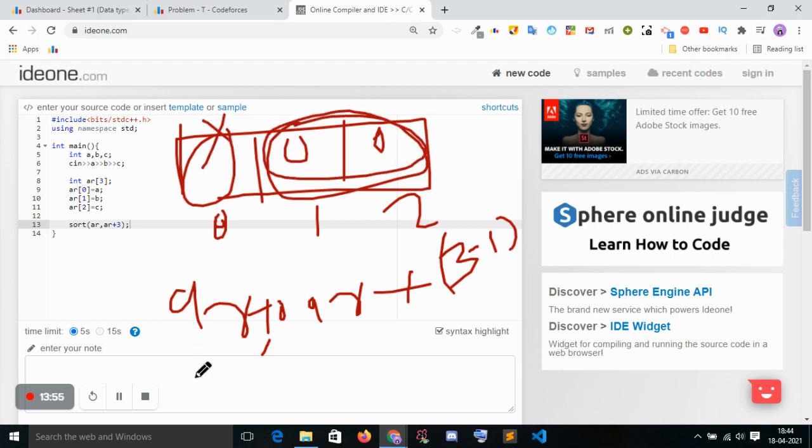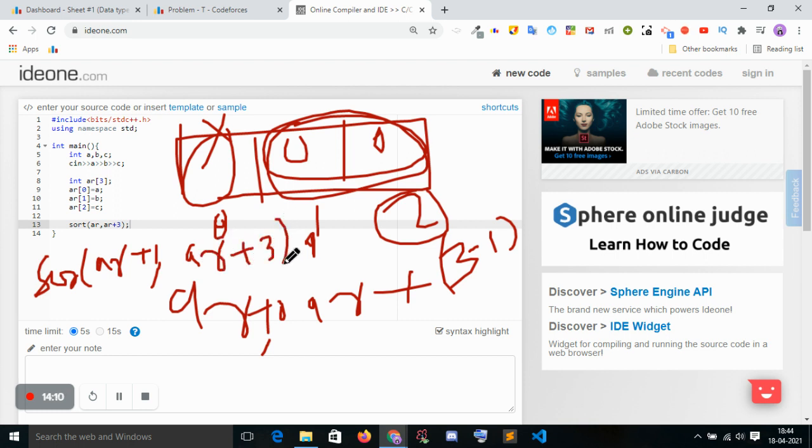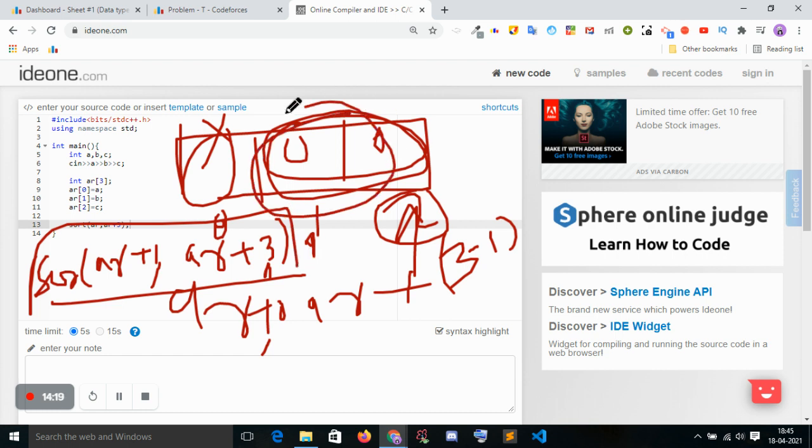So how do I write sort? Sort(array plus 1, array plus 3), because it starts with index 1 and ends with index 2. That means I have to reach till 3; array plus 3 will include till 2. So this sort function includes only those two elements. Read about it on the internet, you will definitely learn it.